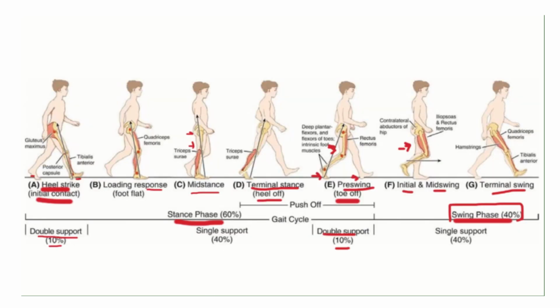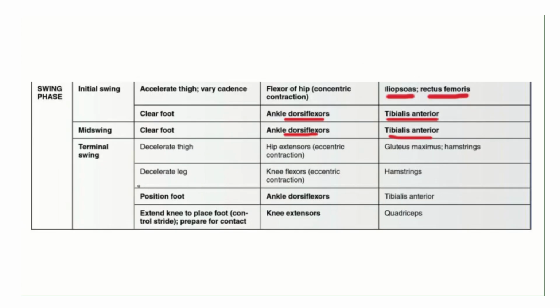Now the next and last phase of the swing phase is terminal swing. The terminal swing is actually, as the name suggests, the termination of swing, and to terminate the swing, the thigh has to first decelerate, as it was accelerating first.